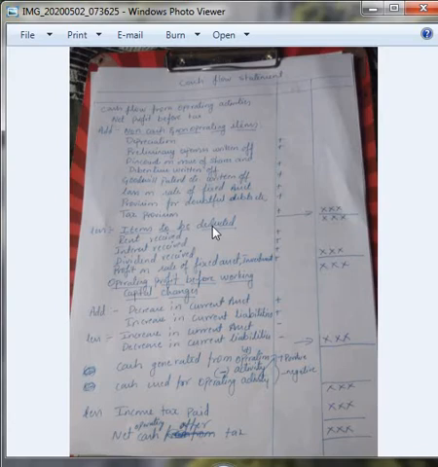Items to be deducted: rent received. This I told you, you have to remember. Here we deduct because we have already taken it in investment, so we should not take it twice. So rent received we minus, interest received we minus, dividend received we minus.